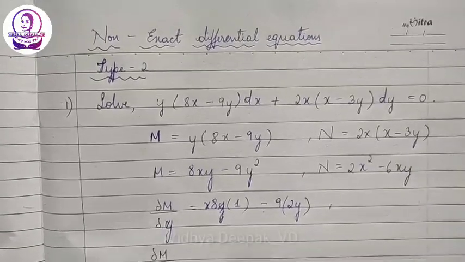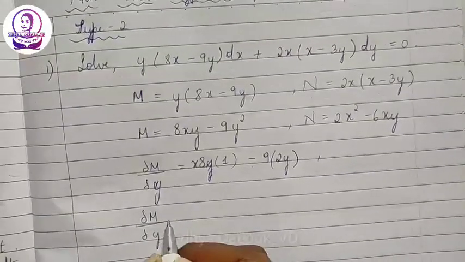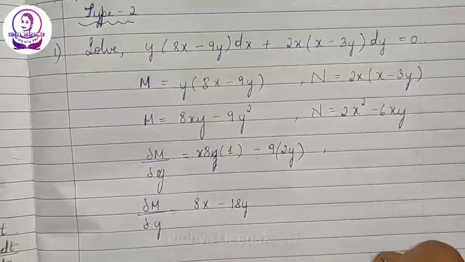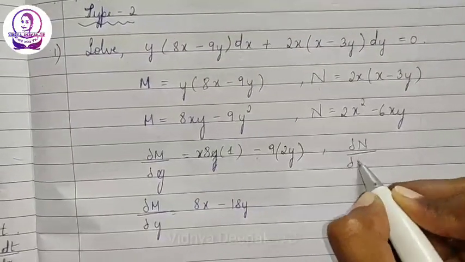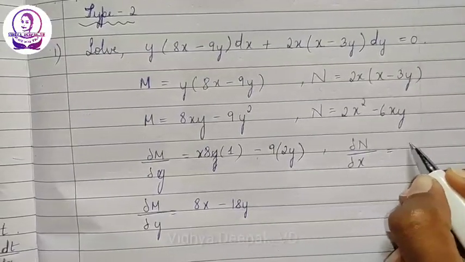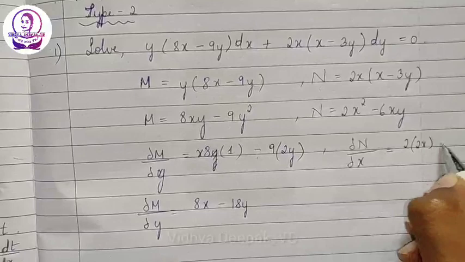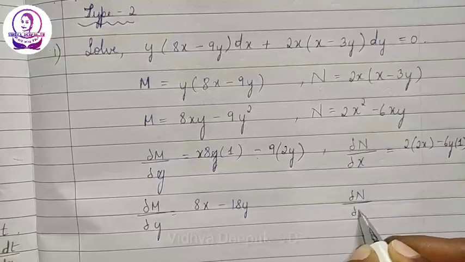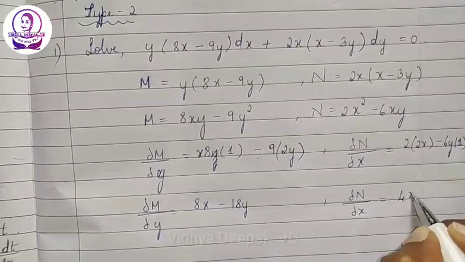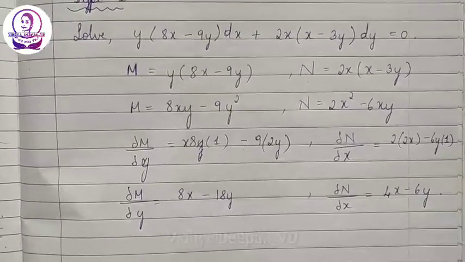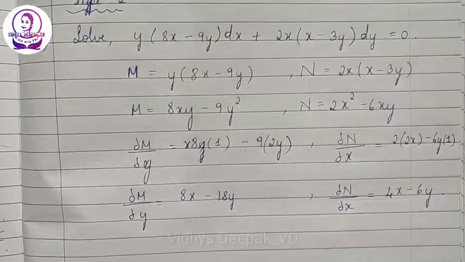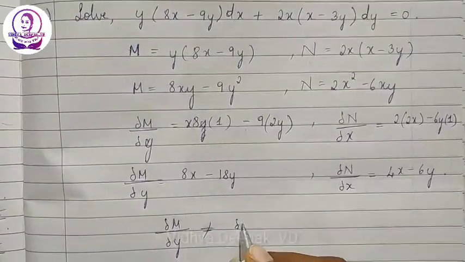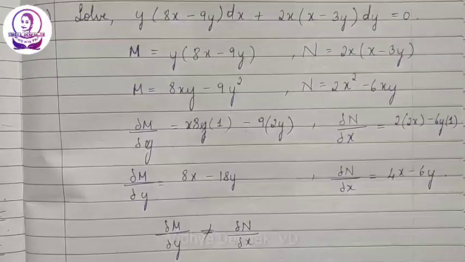So ∂M/∂y is 8x − 18y. Now ∂N/∂x is 2·2x − 6y·1, so ∂N/∂x is 4x − 6y. Are ∂M/∂y and ∂N/∂x equal? No, ∂M/∂y is not equal to ∂N/∂x.